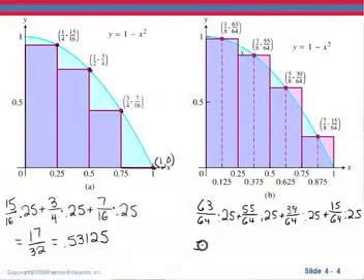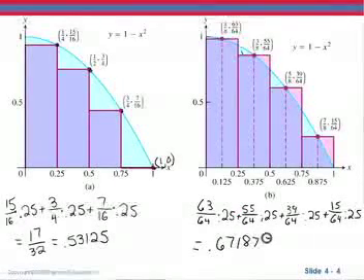Okay, now type that into your calculator, and you're going to get approximately 0.671875. Okay, now notice this is kind of in between those, this underestimate and that overestimate. That overestimate was 0.78125. So this is kind of in between those two. Now this is still not exactly the area under the graph, but what we're doing is we're just getting estimates for that.